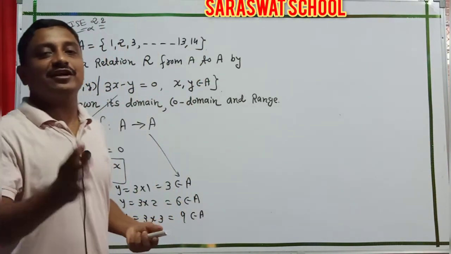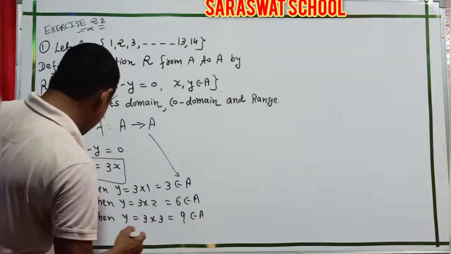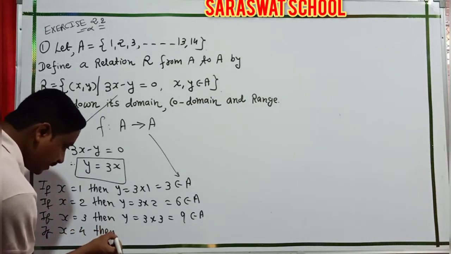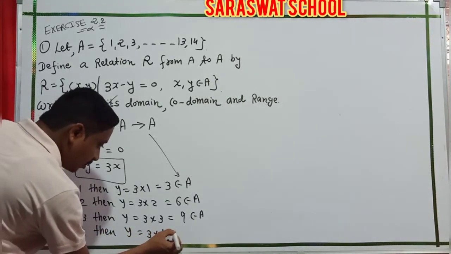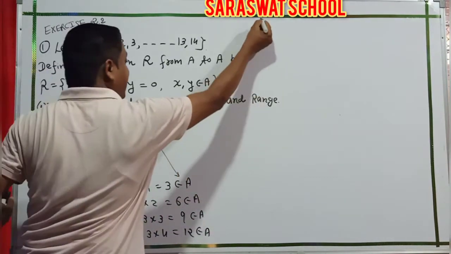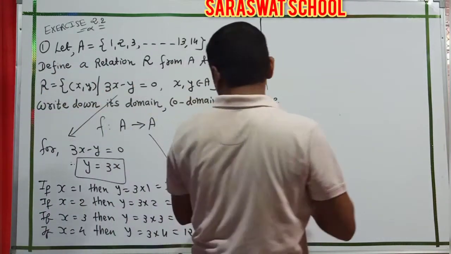After that, one more I put, students. Same as, if x is 4, then what is y? 3 into 4 is 12. You also check, it belongs to your codomain A. Now I put x equal to 5.